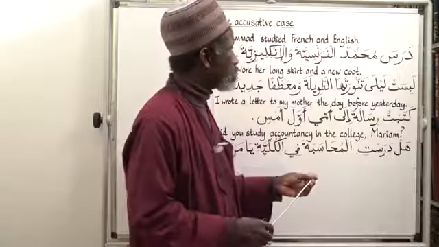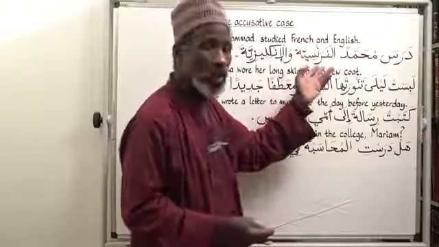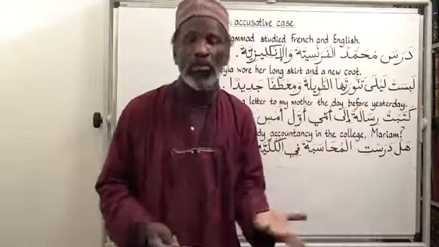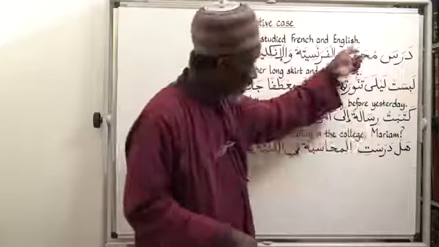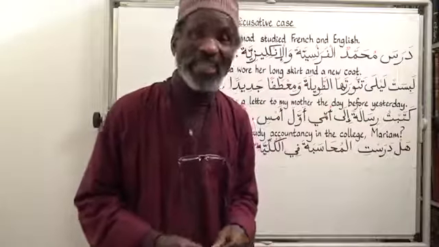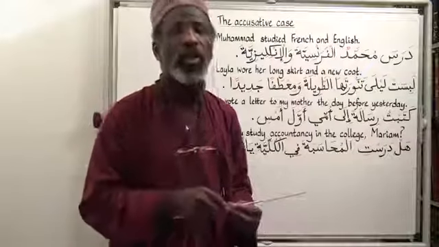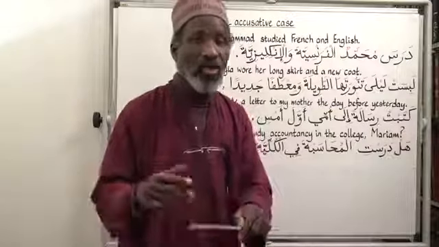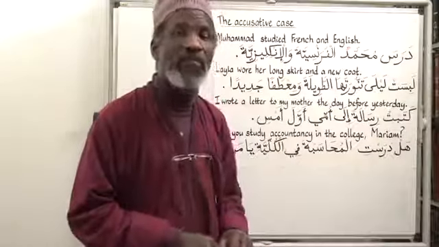If I say Darasa Muhammadun al-Faransiyata, fine, that's the normal order. If I say Darasa al-Faransiyata Muhammadun, again, Muhammadun, wherever it is, because it's carrying this sign, is still the subject. I will know which one it is. It doesn't matter whether that object is hiding somewhere at the back, the beginning or the middle, because it will be carrying a vowel.